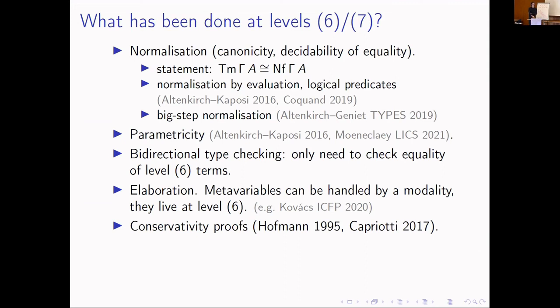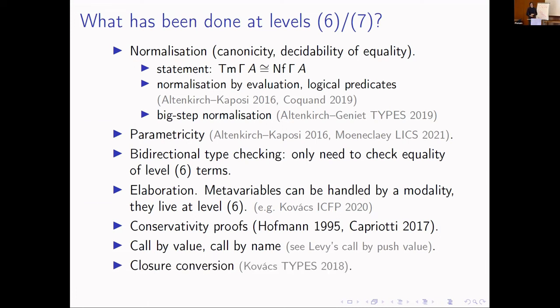This two-level type theory is a version of Voevodsky's homotopy type system. Also, you can describe things which are usually described at the low level, like call by value, call by name, call by push value. There are equational theory variants of these theories on level 6 and 7 as well.